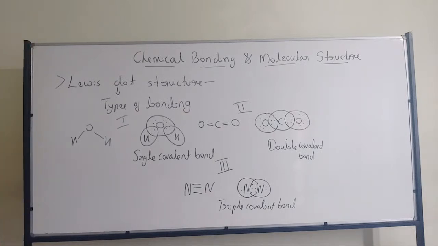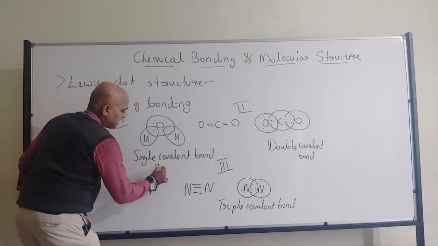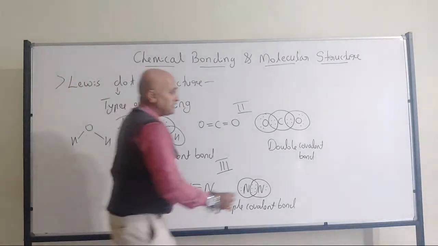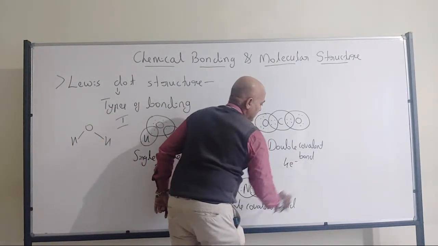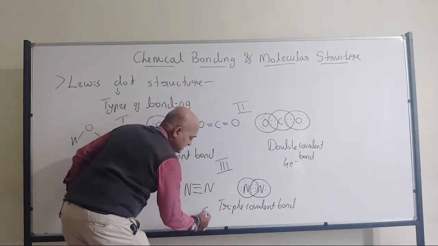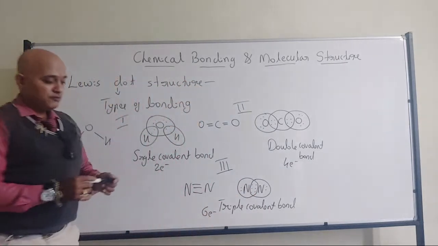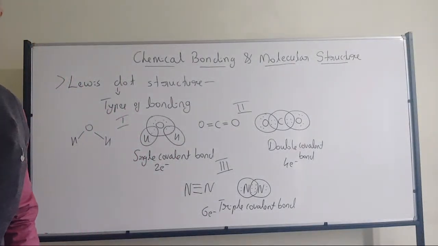So single bond, double bond and triple bond, that is also fine. So when it comes to single bond, only 2 electrons are involved. When it comes to double bond, 4 electrons are involved. So when it comes to triple bond, we have the 6 electrons which will be involved in the bond formation. Okay. So what do you mean by double bond?